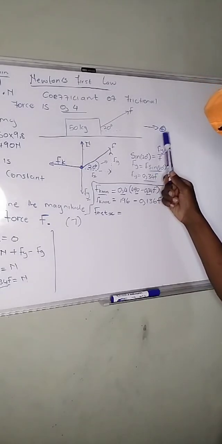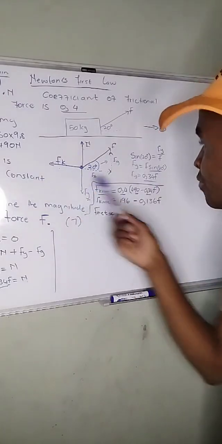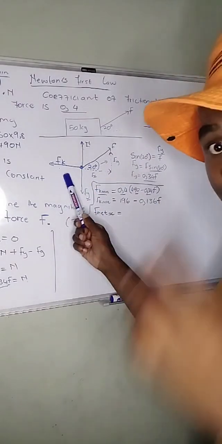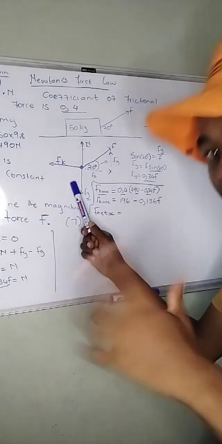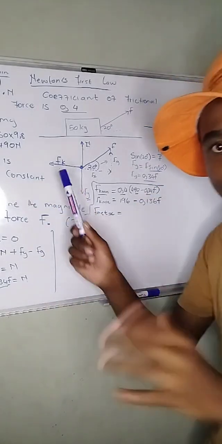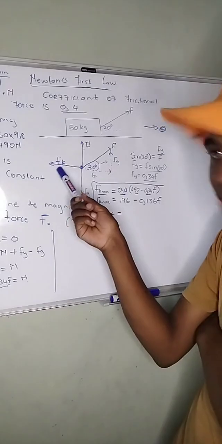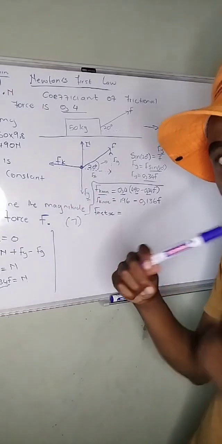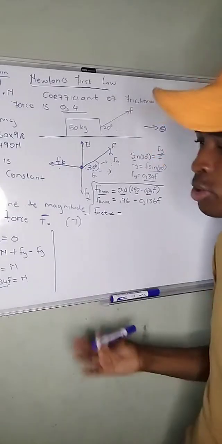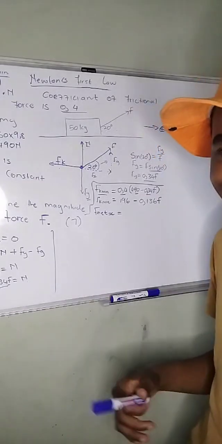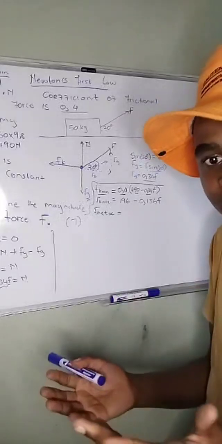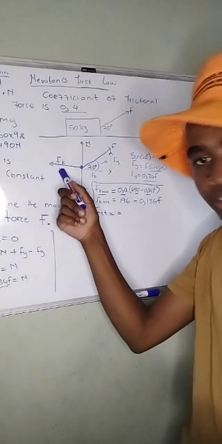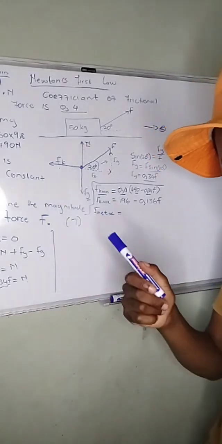So if I chose right as positive, will my Fk be positive or negative? Simple question. If you don't answer, we don't move. What's going to be Fk, negative or positive?